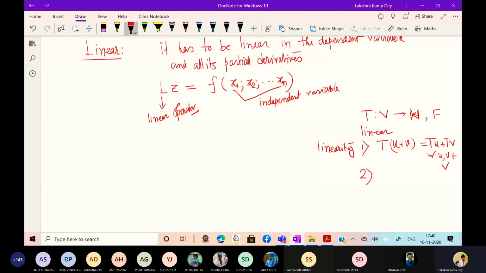Now second is homogeneity: T of cu is equal to c into Tu, where c is some scalar. This is homogeneity.